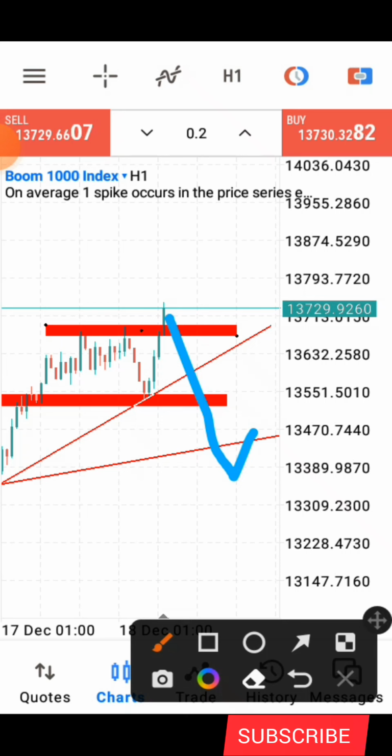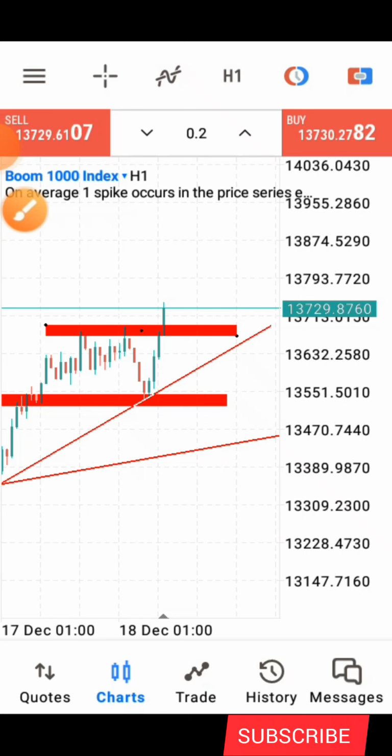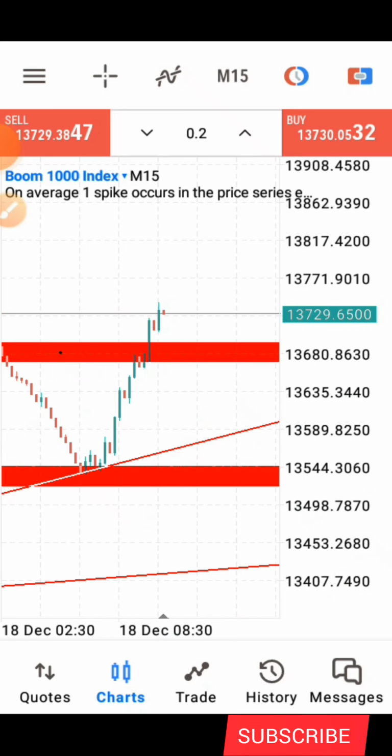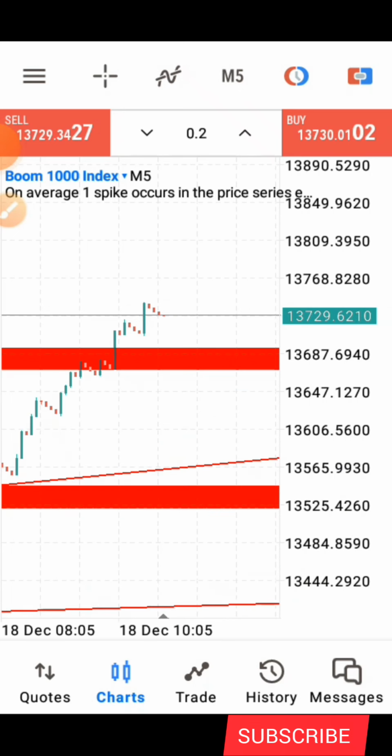To break our trend line here, retest it, and then continue going down. So me marking out my chart here, I have an understanding of what the market will be doing, right? And all I should be doing now is to wait for my conditions to be met, and then I'll be taking my entries, right? I'll be taking my entry using the 15-minute time frame or the 5-minute time frame, right?